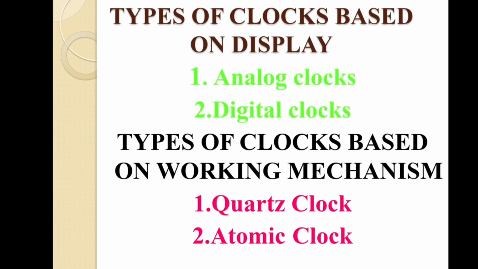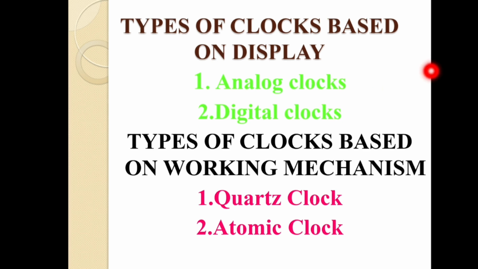So we have so many types of clocks. The first category is types of clocks based on their display. Based on their display, it is classified into two types. The first one is analog clocks and the second one is digital clocks. The second category is types of clocks based on the working mechanism.